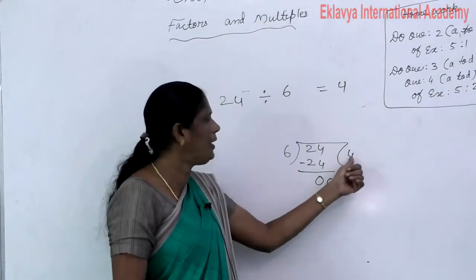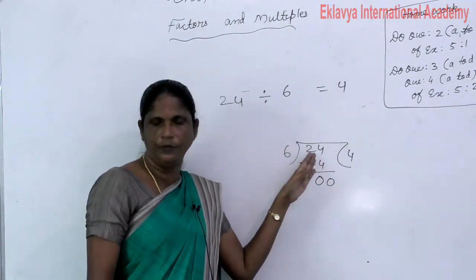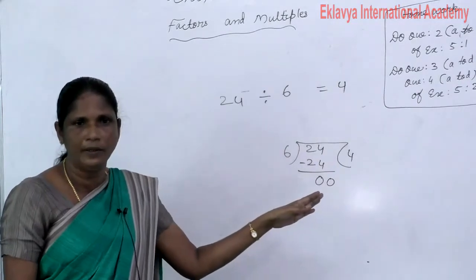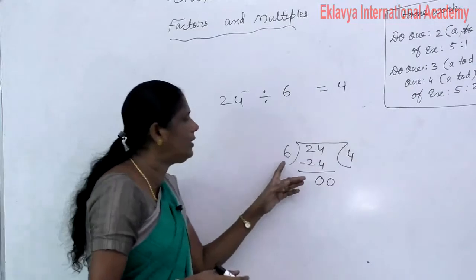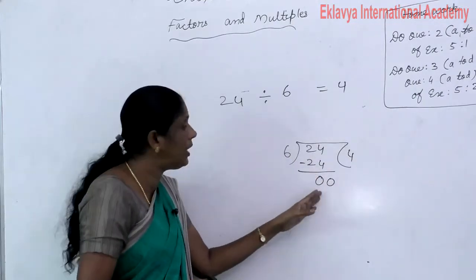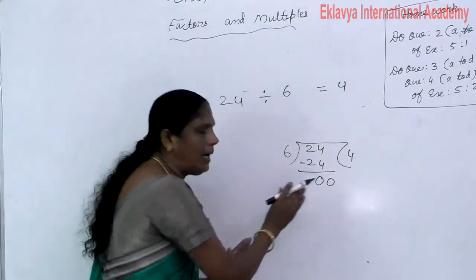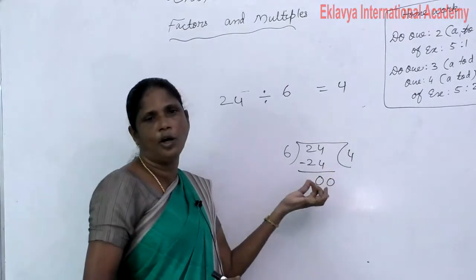Therefore, 4 is a factor of 24. There is no remainder here.